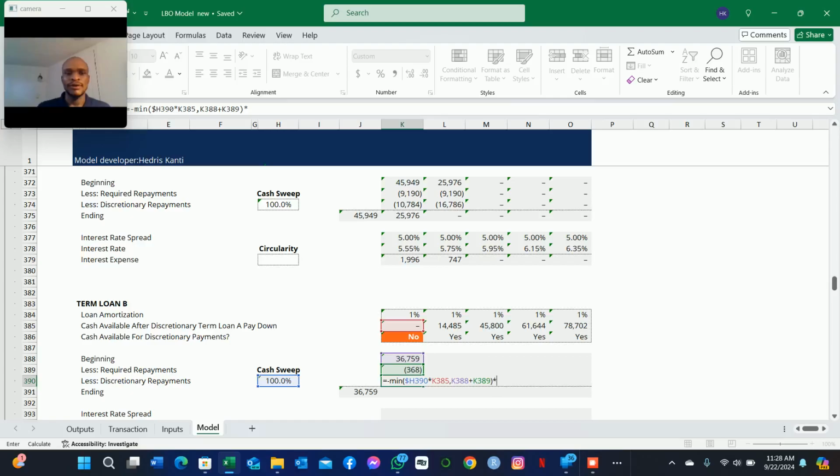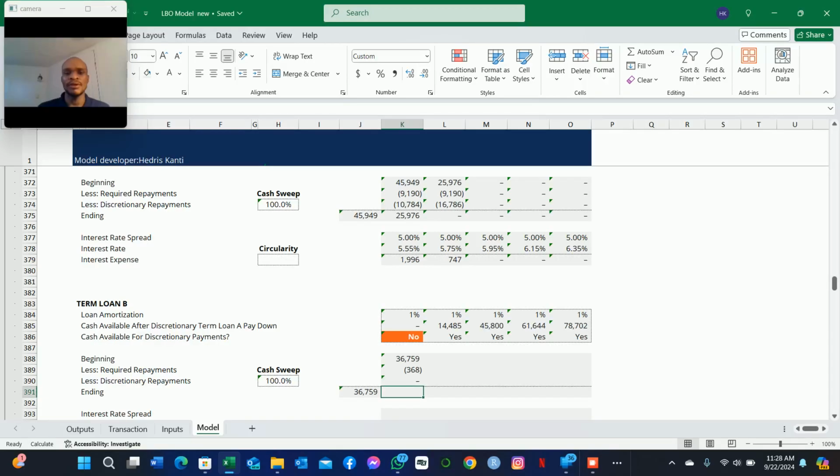And then we multiply everything by the cash available for discretionary repayment. So if that cell says yes, it's a 1, but if it's a no, it means there is a 0 there. So we pre-formatted the cell. You can press enter as well. So we have that set up there.